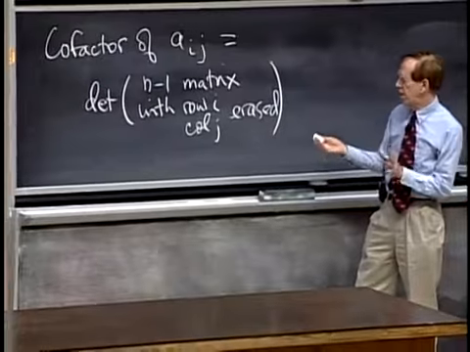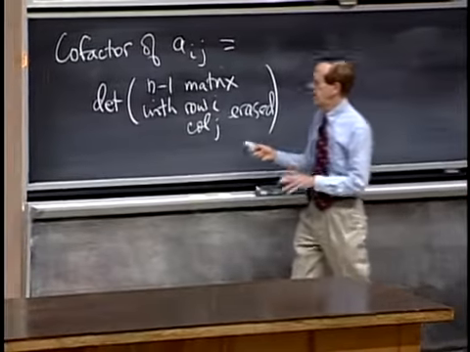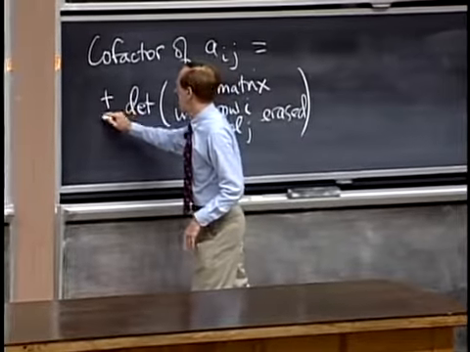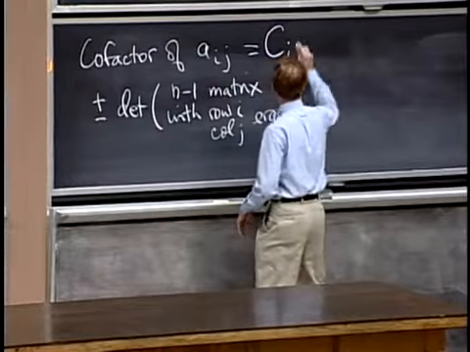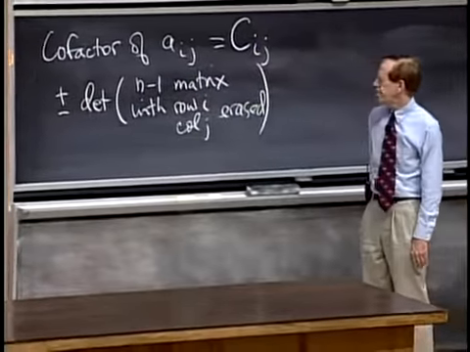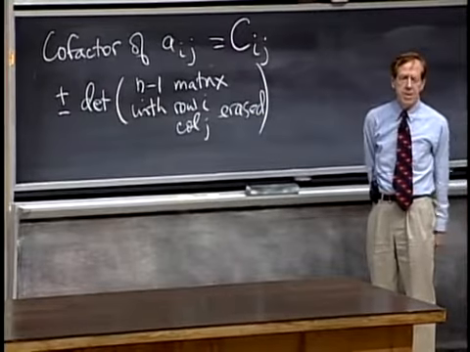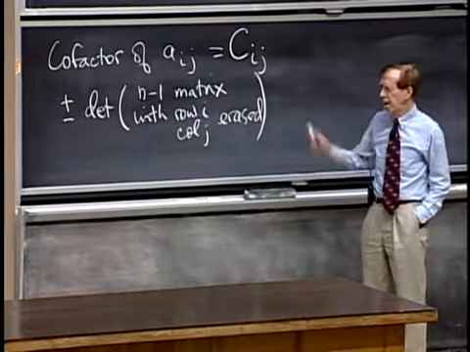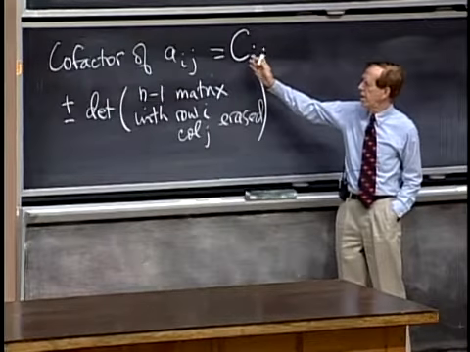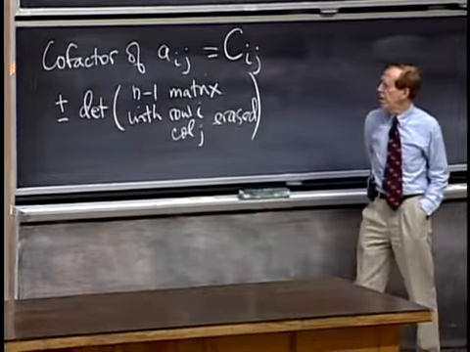So I have the matrix all there. But now it's multiplied by a plus or a minus. This is the cofactor, and I'm going to call that Cij. I'll use capital C just to emphasize that these are important and different from the A's.